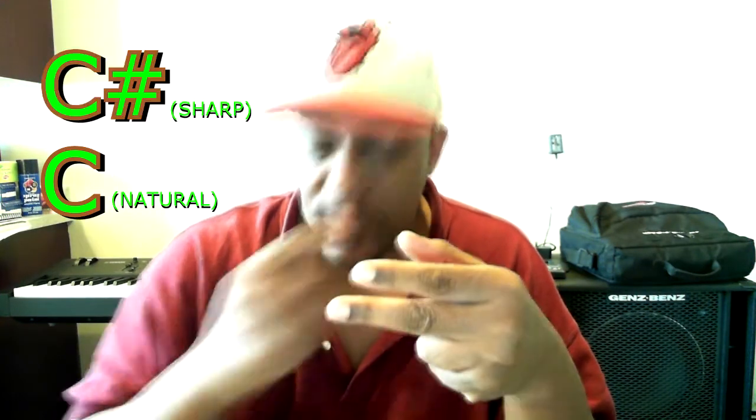Then the next letter is C. There's only 2 types of C's: a C and a C sharp. The note is a half step higher than C. And then you got 3 types of D's: D natural, D sharp, and D flat. Okay, and then there's 2 types of E's: E and E flat.